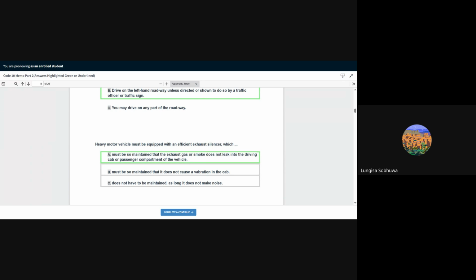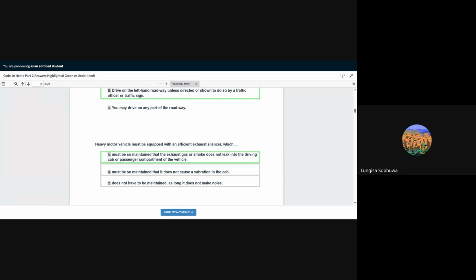B, must be so maintained that it does not cause vibration in the cab. C, it does not have to be maintained as long as it does not make noise. So the correct answer there is A.